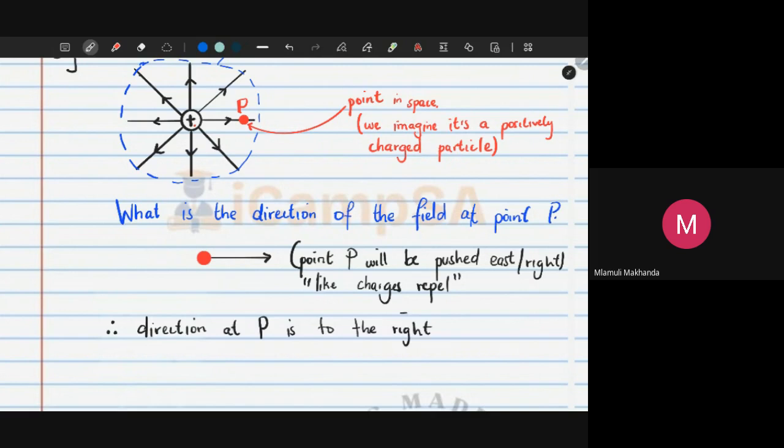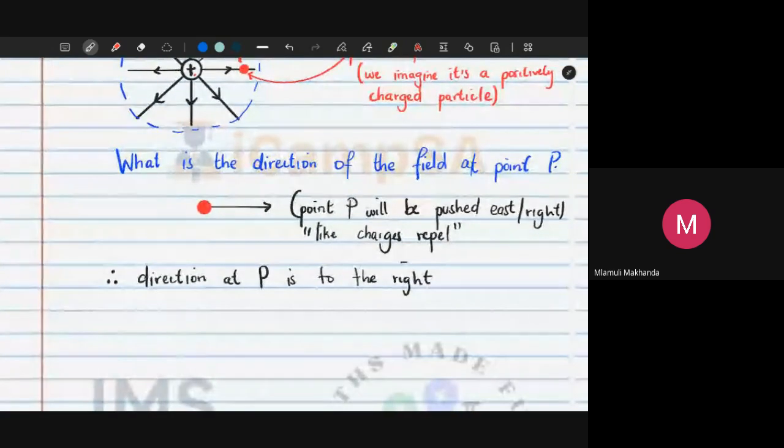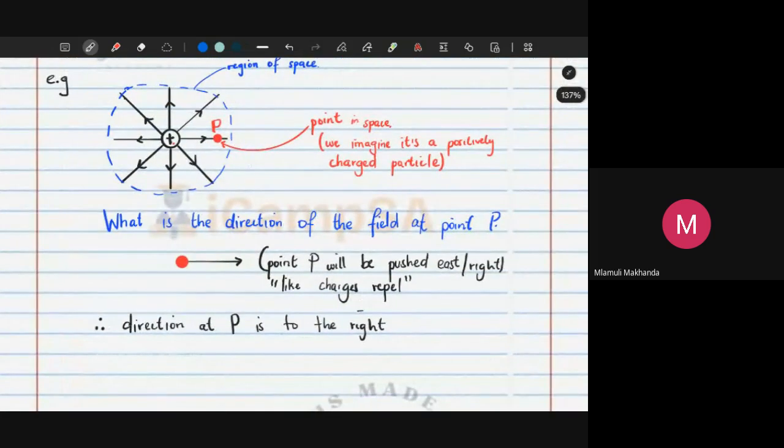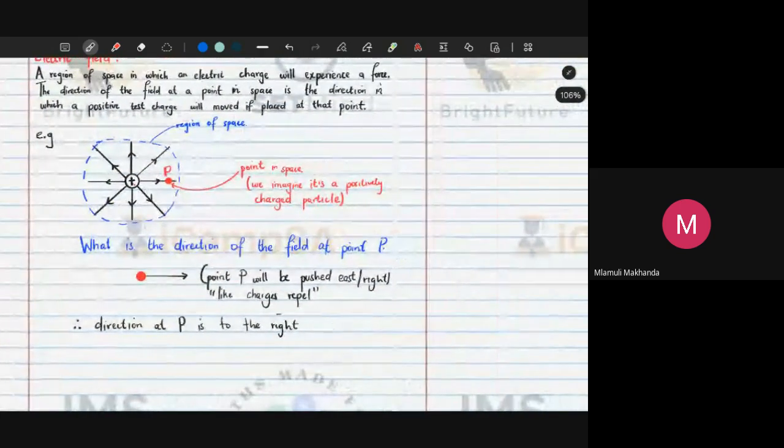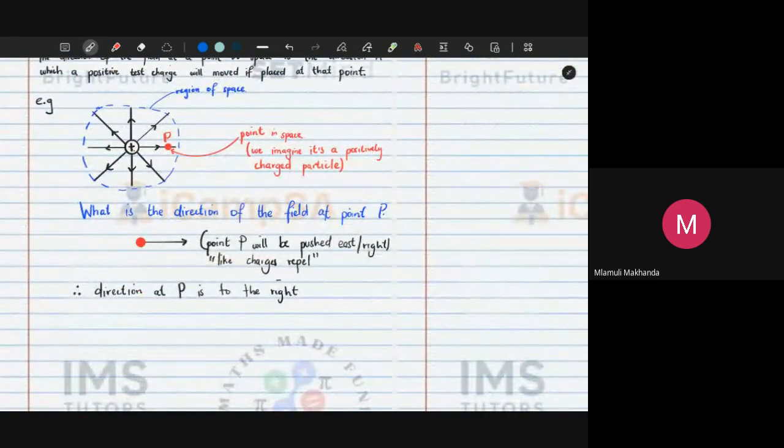Right. And understand that the opposite would be true if the electric field was being generated by a negatively charged sphere or a point charge. Right.